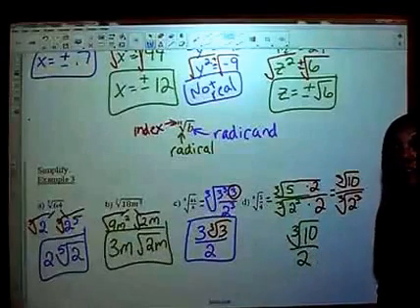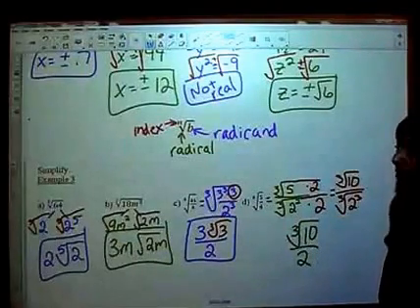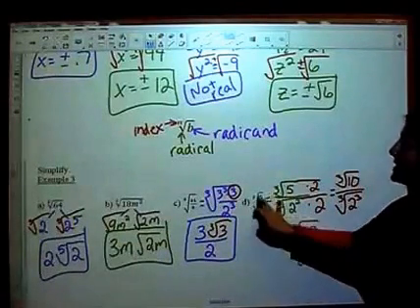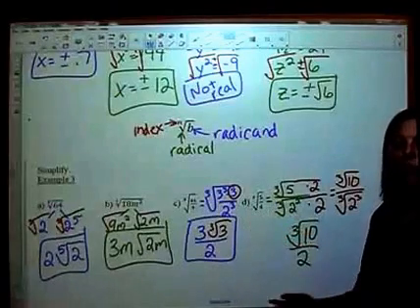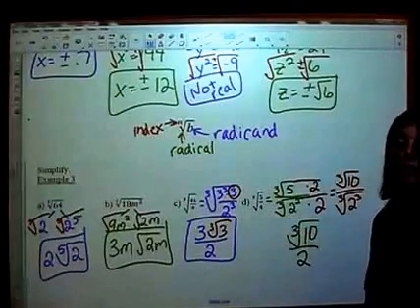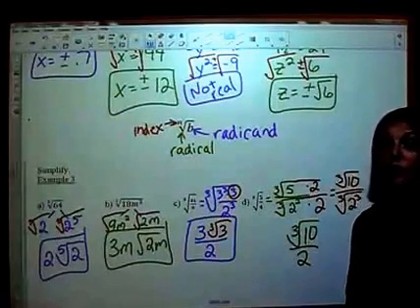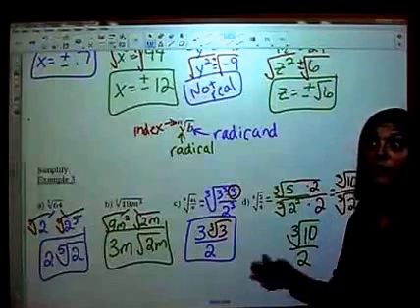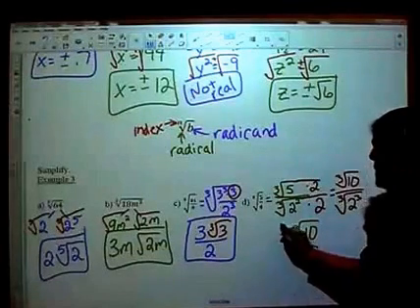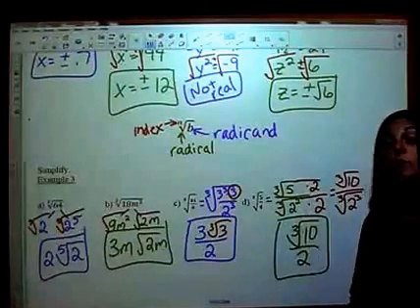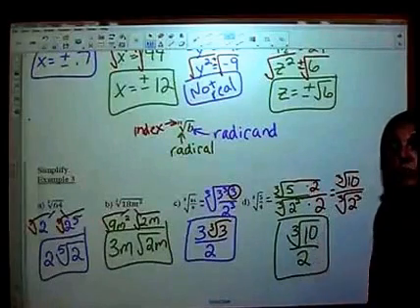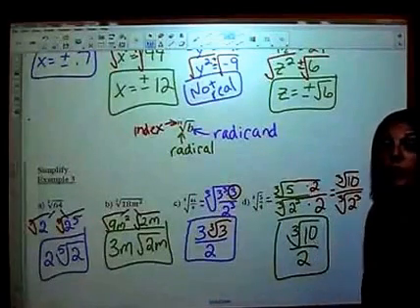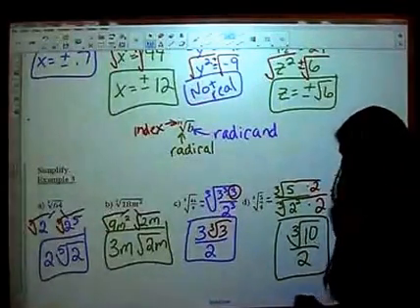So our answer is the cube root of 10 over 2. Now, the reason this isn't simplified is because you have that radical in the denominator. So we need to figure out how to get rid of the radical in the denominator. So that's why we needed to multiply by the 2 over 2, so that way we could get rid of the radical in the denominator.